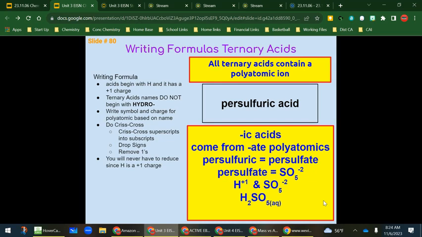Where's the 2 come from after H? The 2 comes from the charge by the SO5. We're still crisscrossing. Okay? We're still crisscrossing to balance off charges. So this 2 comes down by the H. But the nice part is this is a +1. So we will never write anything by the second part of the compound. If it's a lone element, we won't put anything by it.